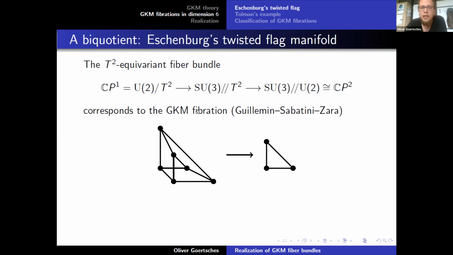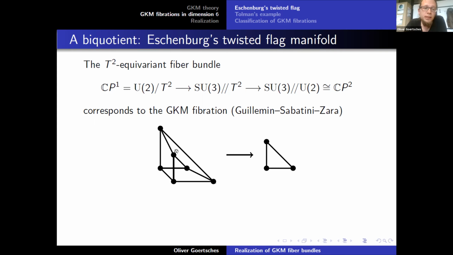This notion of a GKM fibration was introduced by Guillemin, Sabatini, and Zara. I don't want to give the precise definition, because in this very special 6-dimensional situation, fibering over something 4-dimensional, it's very easy to just verify ad hoc that the conditions are satisfied. So what is this GKM fibration here?